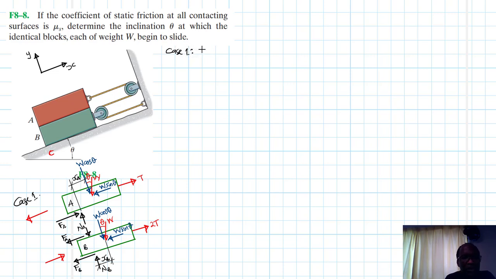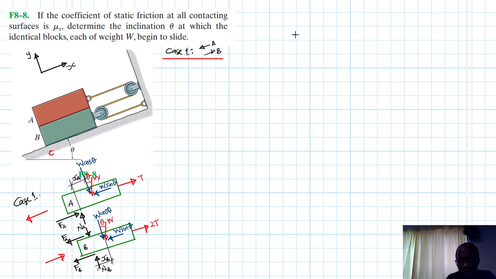Case 1. So this is where you have A in this direction, tends to move in that direction, then you have B in that direction, tends to move in that direction. Okay, so this is case 1.